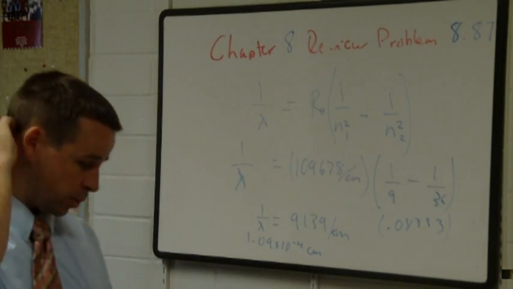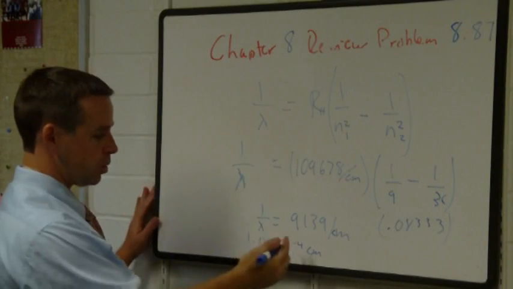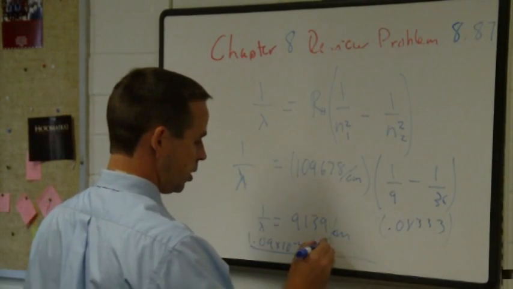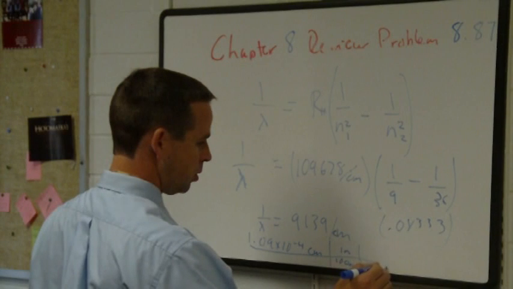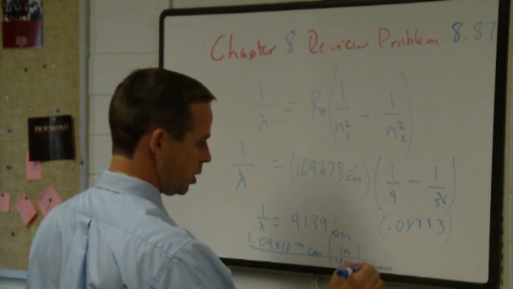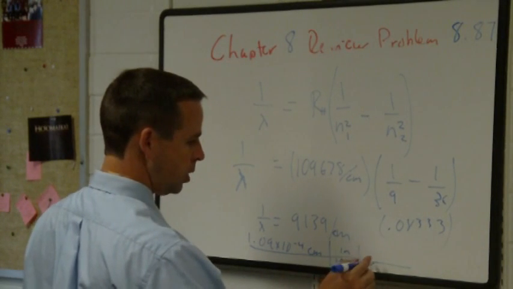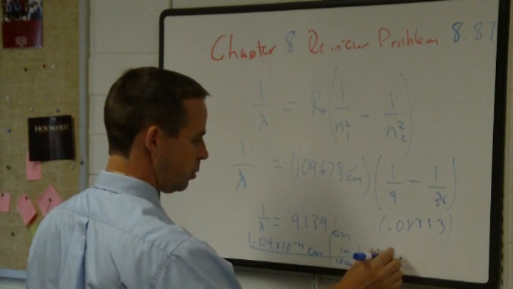Now they ask us a question whether or not we can see that light. We know 400 to 700 nanometers is our range, so let's convert this to nanometers, right? There's 100 centimeters for 1 meter, and for 1 meter, there's a billion, or 1 times 10 to the 9th nanometers.